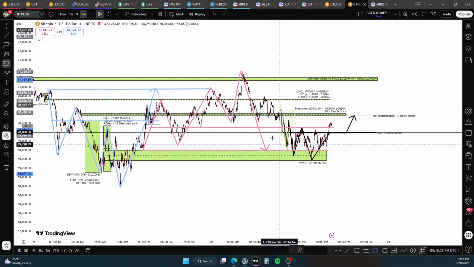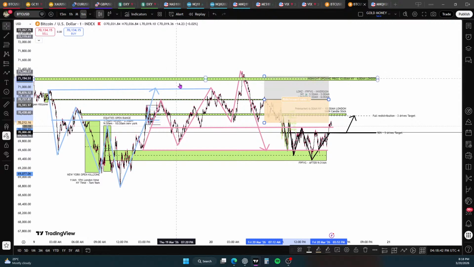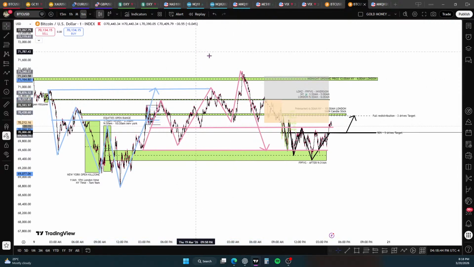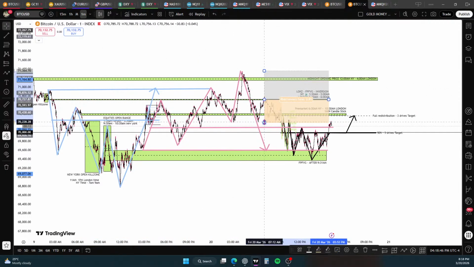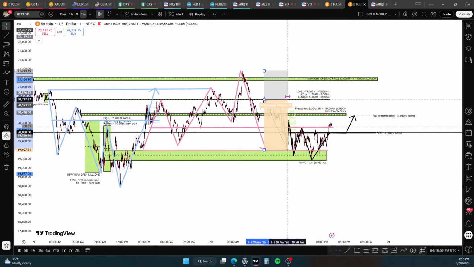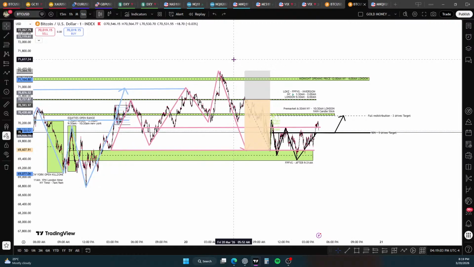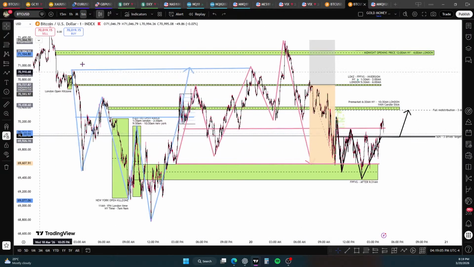For example, 1, 2, 3, and then price got to here before it even took the 50%, and then it had this retracement and tried to get back to this, but definitely couldn't. So that's my safe stop loss, and I would have entered here and then targeted that. So in this scenario, I would have wanted to enter off this green bar here using this three drives pattern and taking whatever the market's going to give me based on that idea. And that also aligns perfectly with my analysis that I have on here.